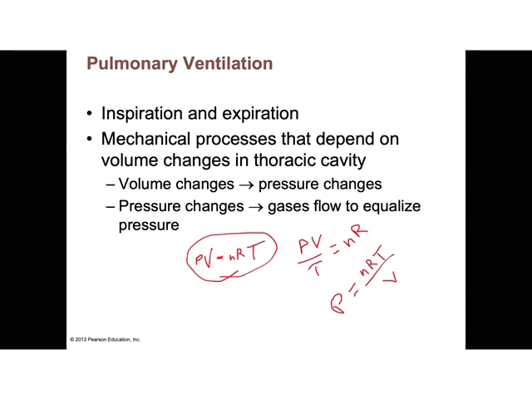And that's the pressure applied to the gas, okay? Right? So volume tiny, pressure high, right? Volume big, pressure low, right? Temperature low, pressure low, okay? Those are your relationships, okay?